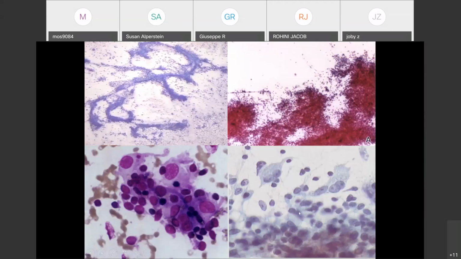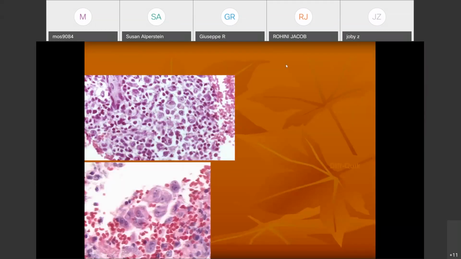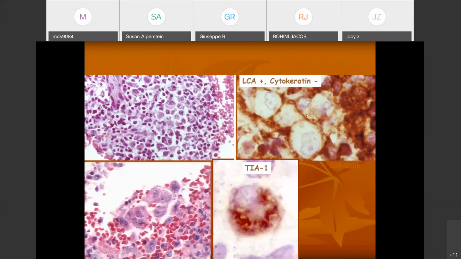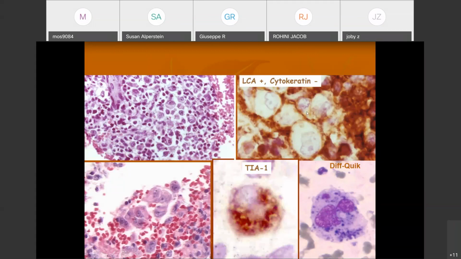It's really weird. It cannot be a seminoma because it's a medical emergency. A dual population of large cells and lymphocytes. Cell block, all those big cells are LCA positive. So it's really interesting.